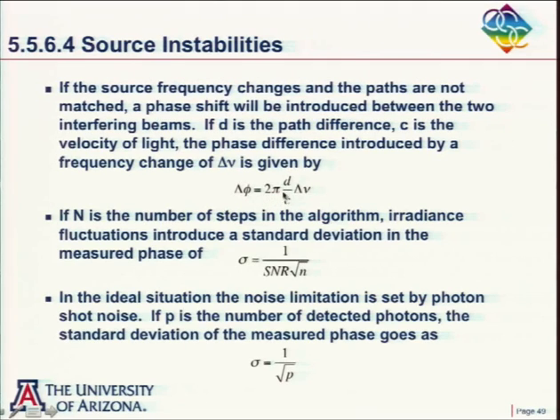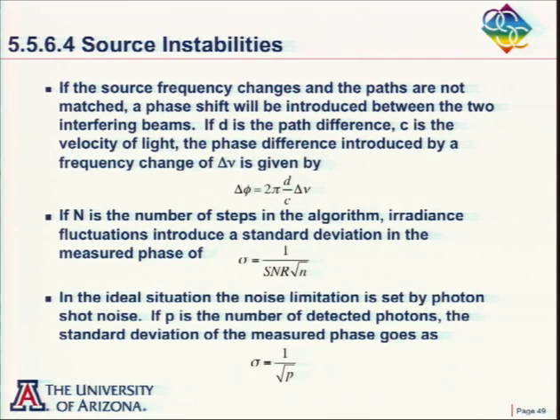The phase goes as 2 pi times the path difference over the wavelength, which you can write as 2 pi d nu over c. So if nu changes by delta nu, the phase changes by delta phi. This can be a problem if you have a large path difference between the two interfering beams. It's not often a problem, but it can be.